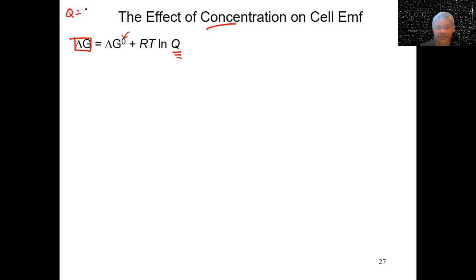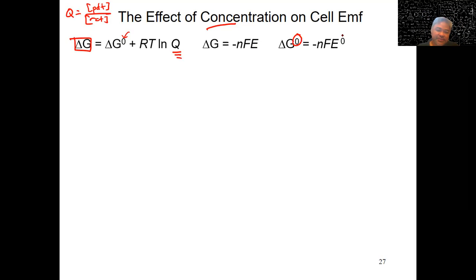That's just the ratio of the product over the reactant that is not at equilibrium at any time except at equilibrium. So kapag break down mo yun, delta G is still equal to negative NFE, and the standard delta G is still equal to negative NFE standard.